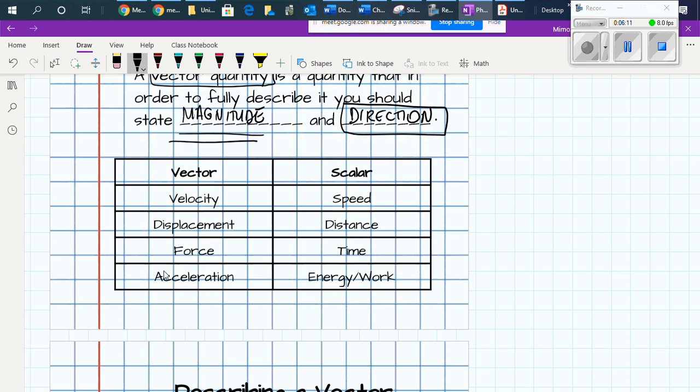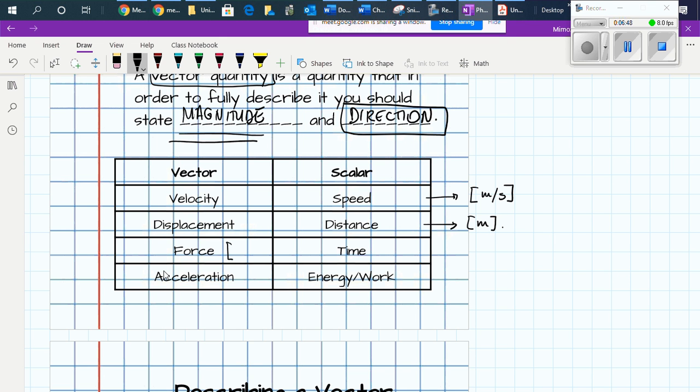So instead of talking about the velocity, they talk about speed, or instead of talking about displacement, they talk about distance, because they are, let's say, corresponding quantities of vectors and scalars. So the international system unit for speed or velocity is meters per second. And the international system unit for displacement is meters.